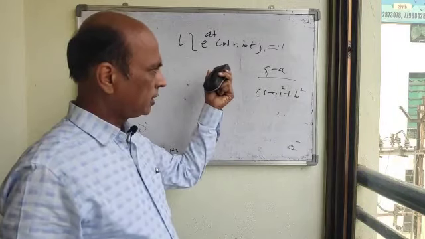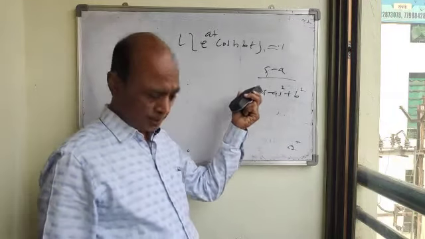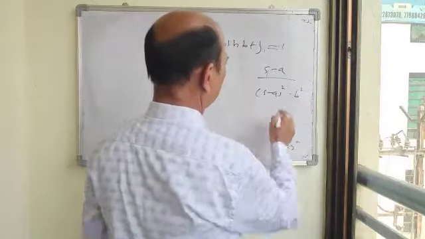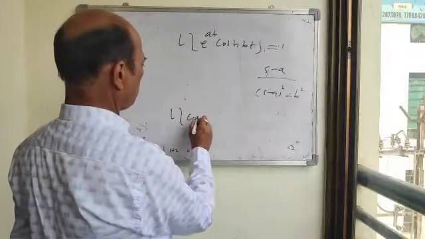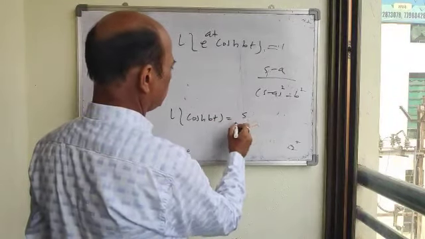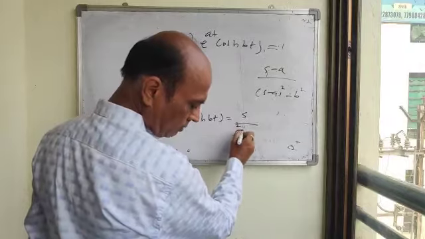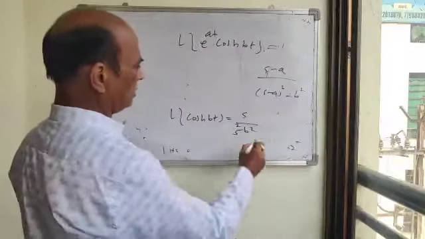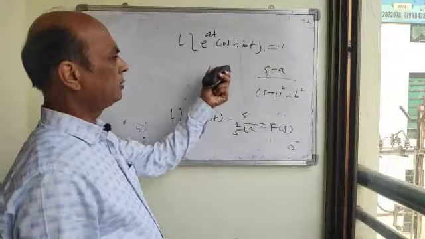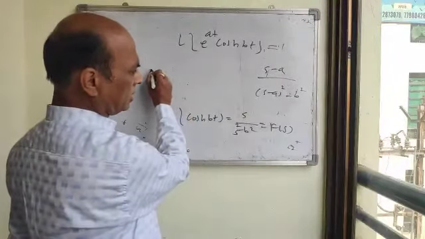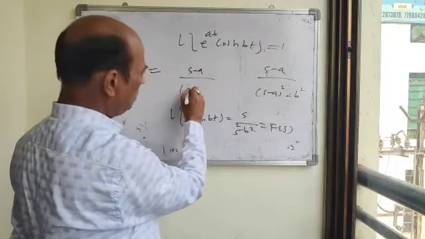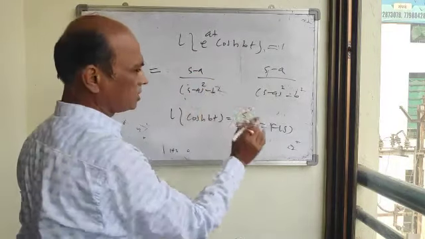L of cosh bt is equal to s upon s square minus b square. So this is F of s, and according to this, e to the power at into this is F of s minus a. It means that is equal to (s minus a) upon (s minus a) square minus b square.